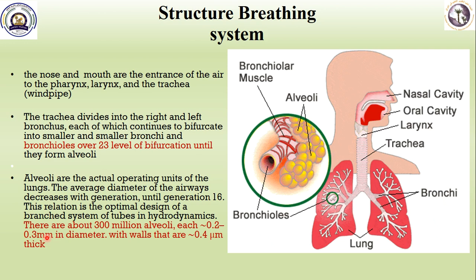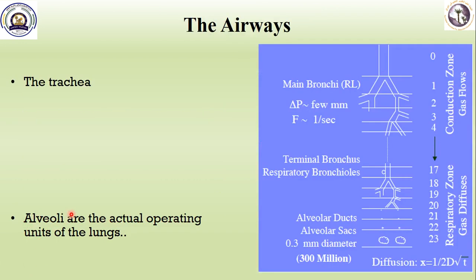The walls are 0.4 micrometer in thickness, and this number is very significant for the diffusion of oxygen and carbon dioxide between the blood and the lungs during the oxygenation process.